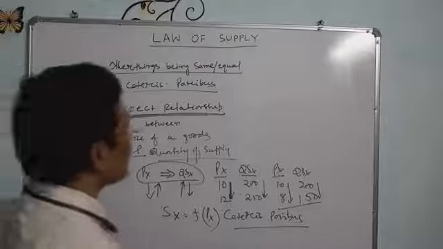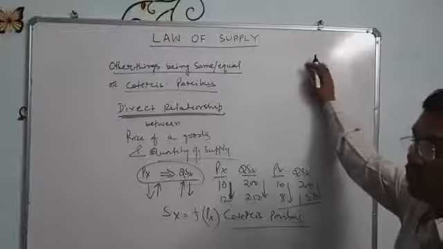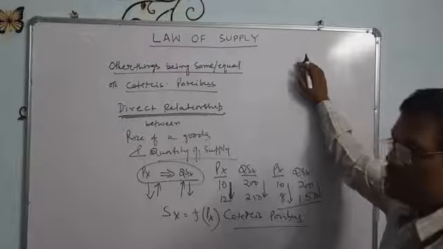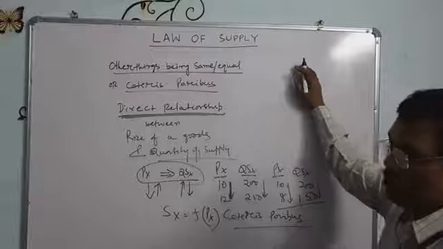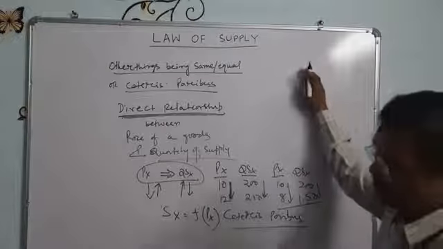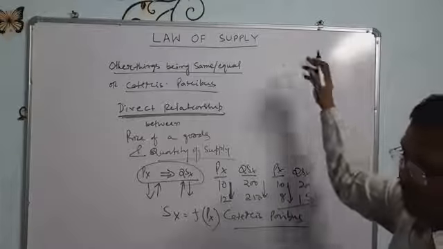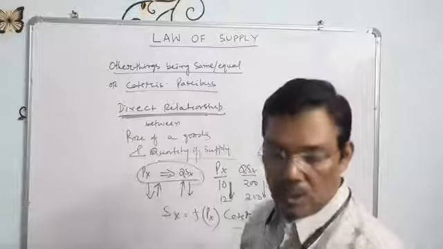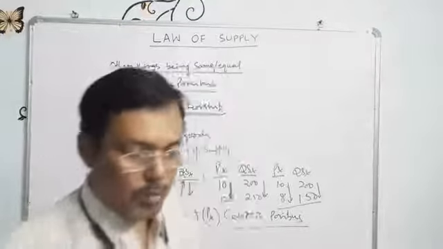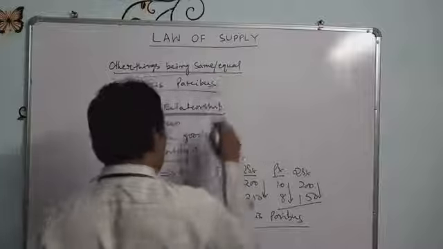We have already discussed supply of X equals a function of the price of X goods, price of the related goods, factors of inputs, factors of production, state of technology, goals of the firms, and expectation. These are the various factors. So first, what are the other things being equal, or ceteris paribus.